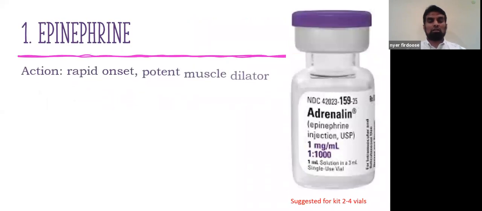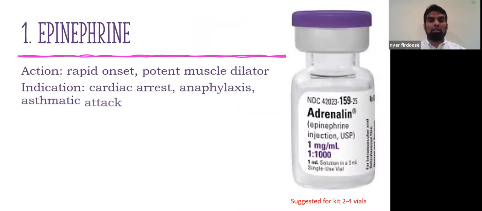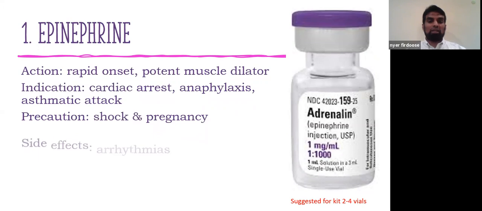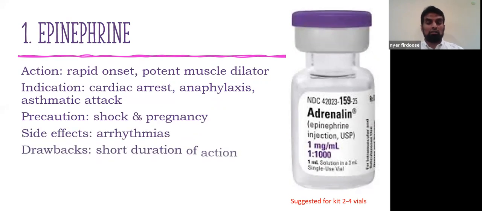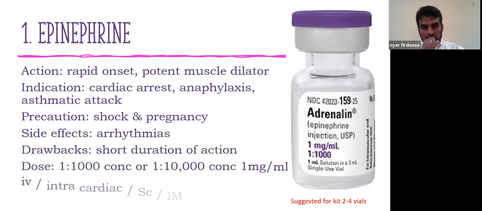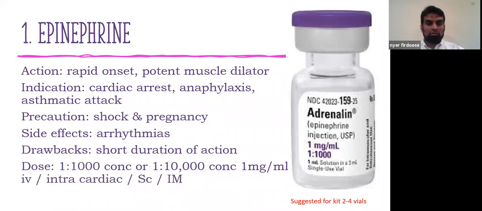The first drug is epinephrine, and its properties are that it has a good and rapid onset of action. It is a potent bronchodilator, and it also has antihistaminic properties with vasopressor properties.